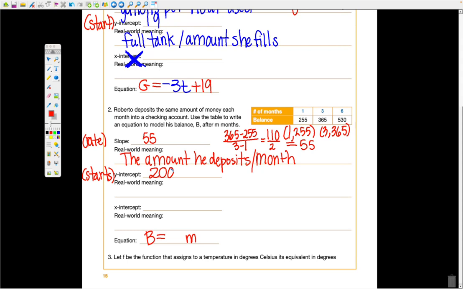Oh, okay. All I did was I subtracted 55. Did y'all see that? Right after the first month, he's at 255. So if he's at 255 after 1 month, take it away, and that's what he started with, 200. And what does that represent? That represents his beginning balance.